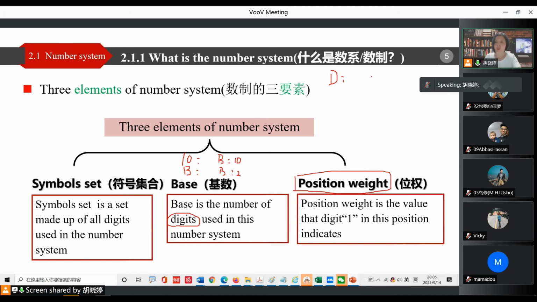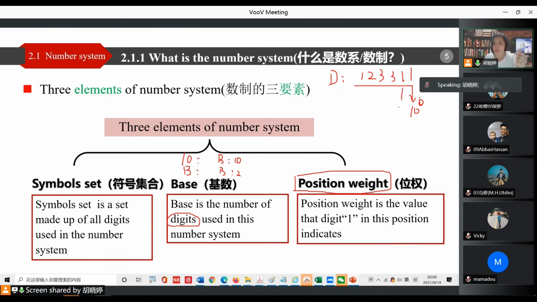For each position, we will have a different weight. For example, this number has 1, 2, 3, 4, 5, 6 digits. For each position, its weight will be 10 power of i. So that will be 10 power of 0.